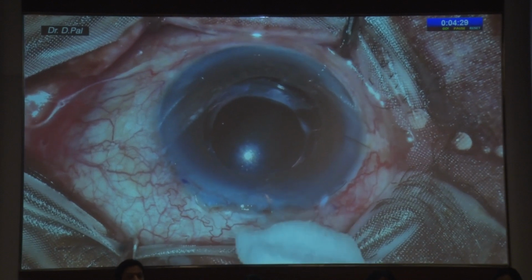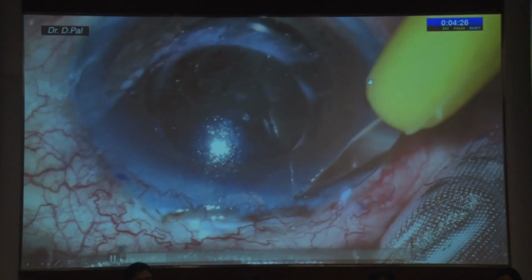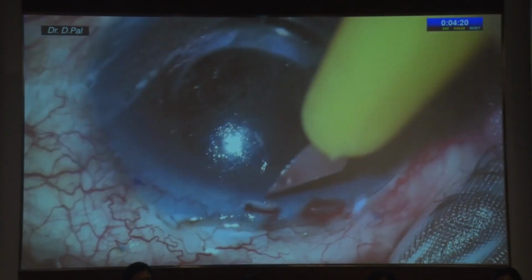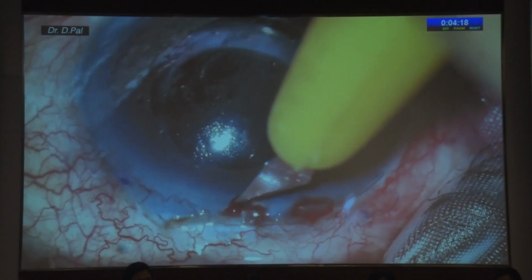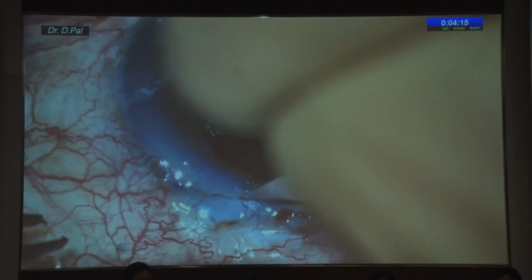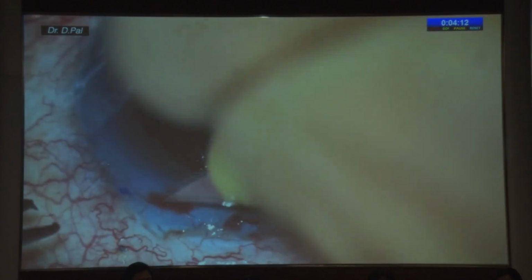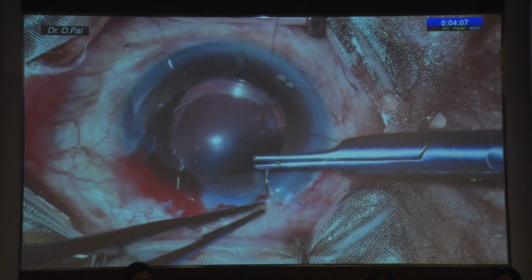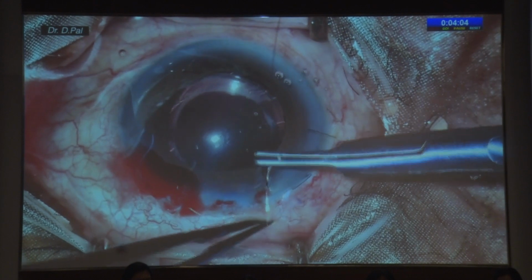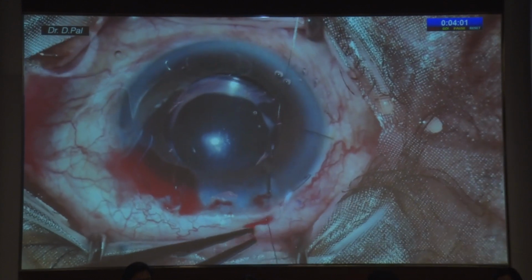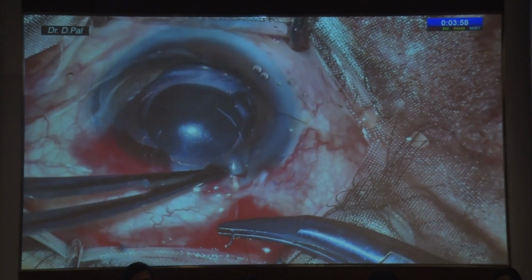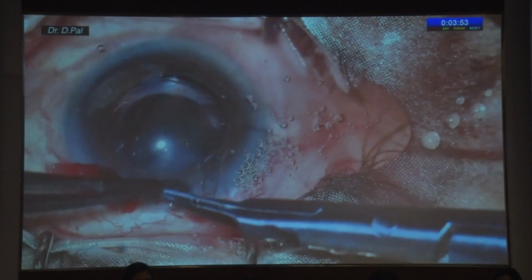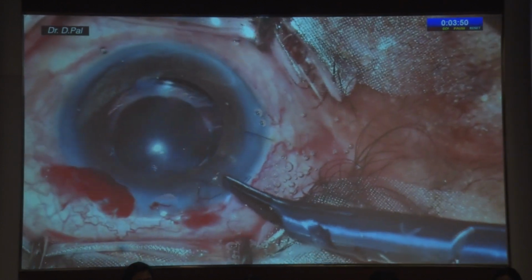And here what we do is we get small nicks with the standard phaco side port knives at the limbus, depending on the extent of leak, and we take a nylon from the cornea and reverse it and take it back through that cut and tie it with a throwing knot.